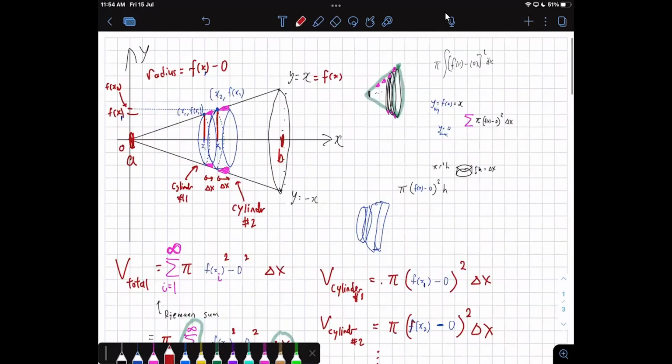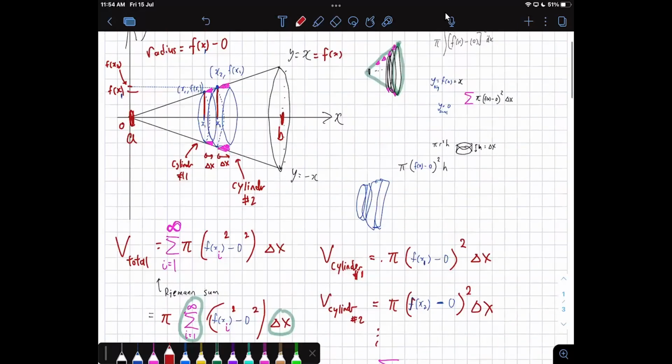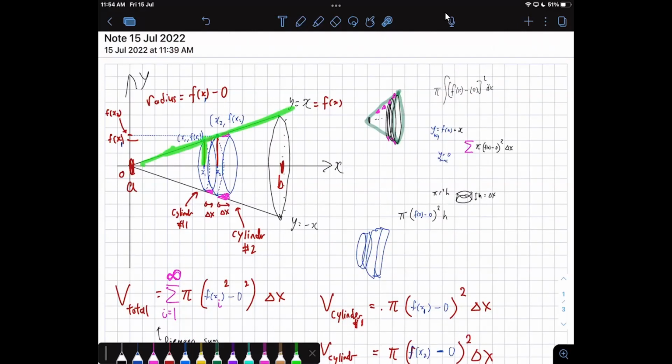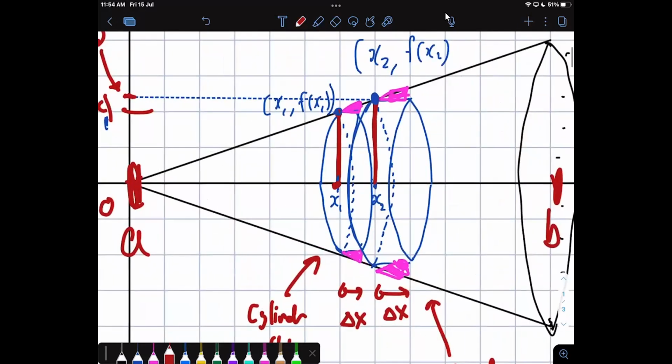Reason being, you can think of it like this. Here is f of x1. There's a y equals x, here is a y equals 0. There's an f of x1, a g of x1. You can think of this coordinate here as x1, g of x1, where g of x1 is on the x-axis.